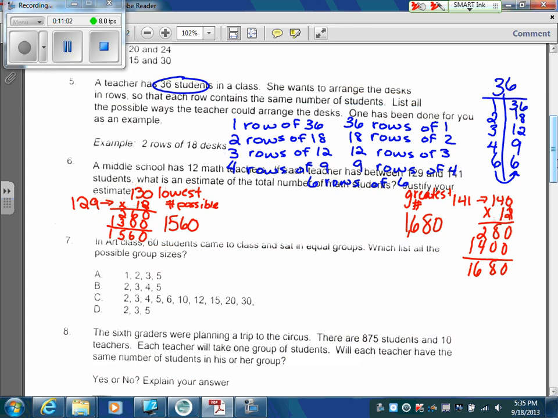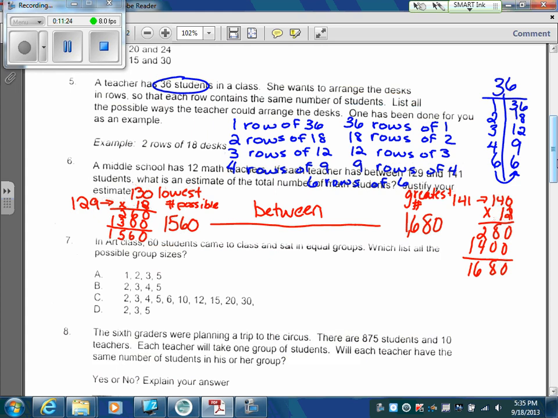Now that's going to be a little bit higher with my exact because of the 141, and then the lowest possible would just be a little bit lower because of my actual 129. But my answer, or reasonable answer, is any number in between these two. Any number in between those two would be reasonable. If it's lower than around 1560, the actual is 1548.